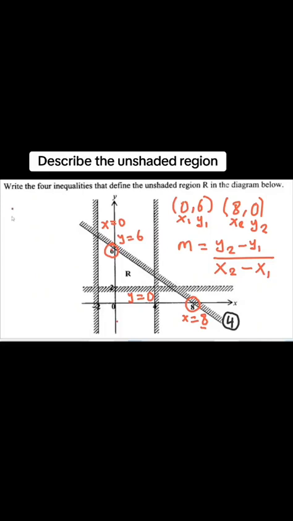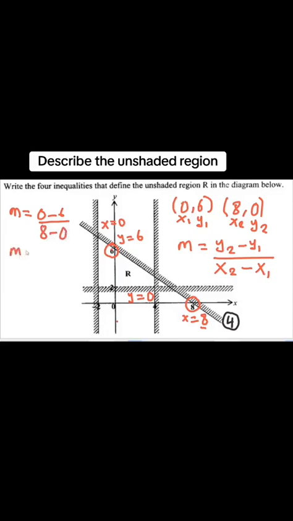We say m equal to, where there is y2, we are going to put a 0. Where there is y1, we are going to put a 6. So this will be 0 minus 6 over, where there is x2, we are going to put 8. Where there is x1, we are going to put a 0. So this will be 8 minus 0.